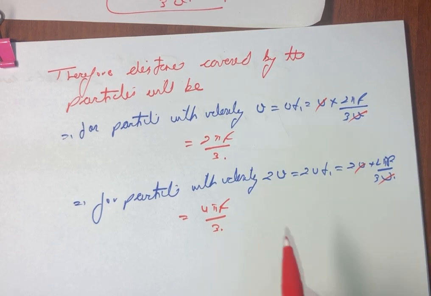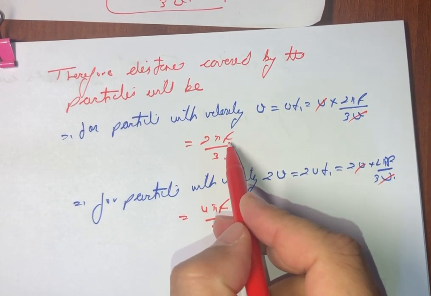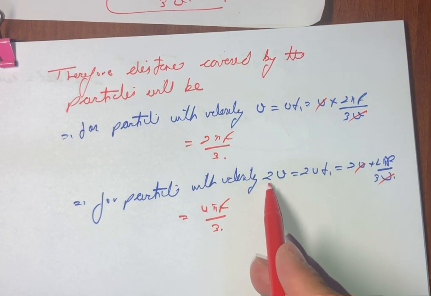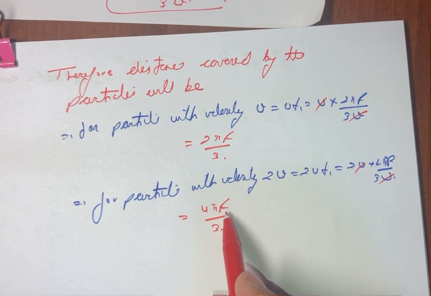So the distance covered by the particle with v is 2 pi r by 3, and by the particle with velocity 2v is 4 pi r by 3.